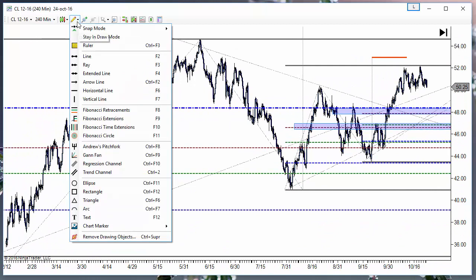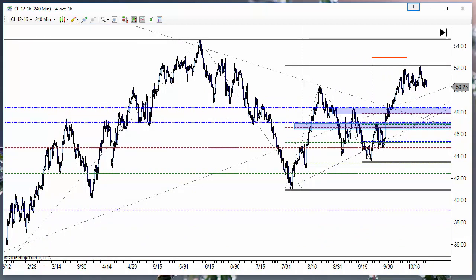Let's see if we have a pivot. We have a high pivot here and several low pivots here.